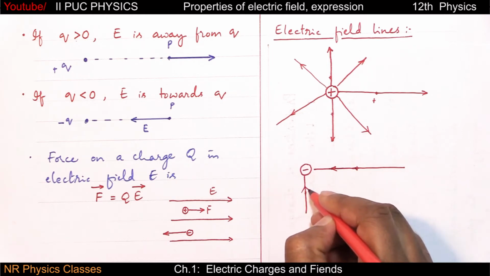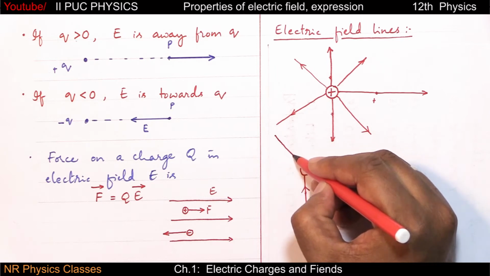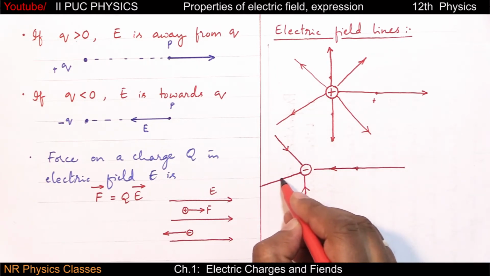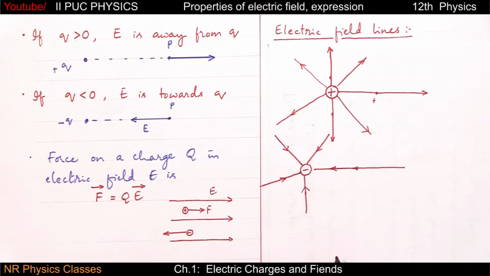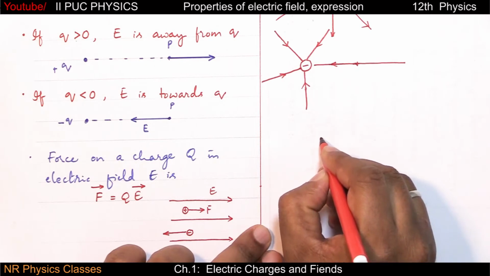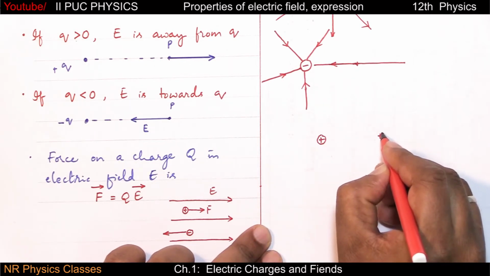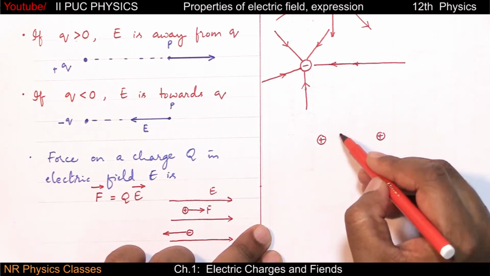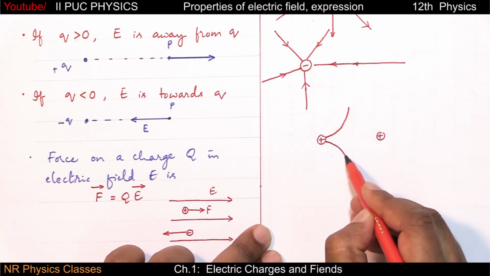Observe the direction of electric field lines. A positive charge is attracted towards this negative charge. So electric field lines are radially inward. Now positive charges are taken. From this we should draw an electric field line. From this also an electric field line.